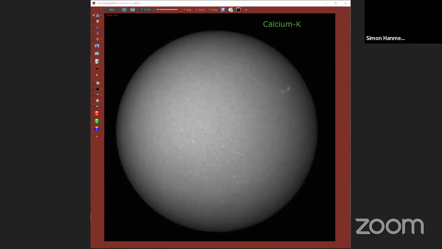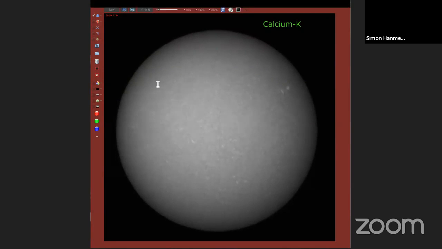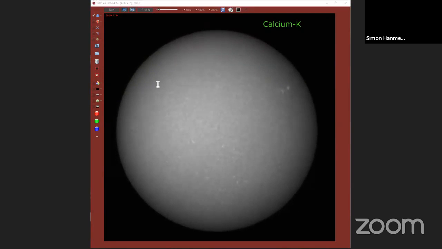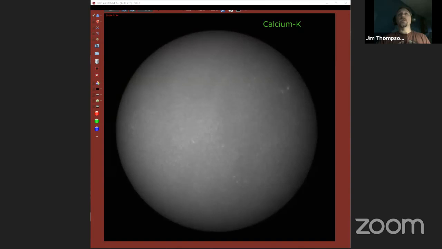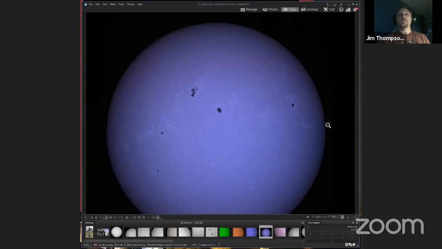You can also play with things like recording many individual frames from the live video and then using software after the fact to take that series of images and make it into something that is sharper and clearer, sort of like this image here.